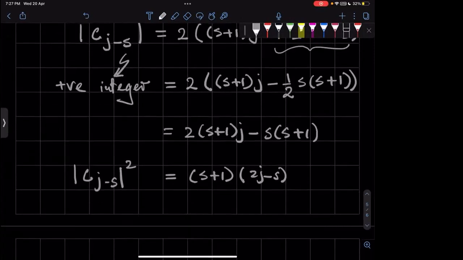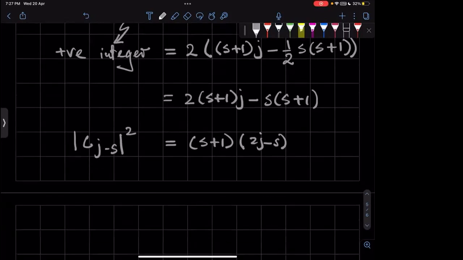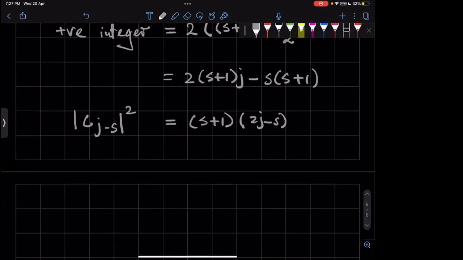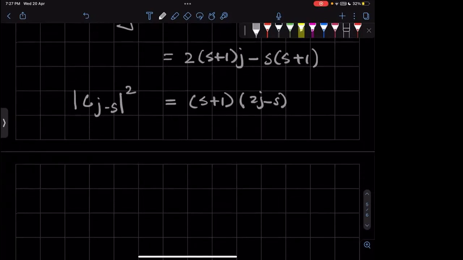Now this process does not allow us to choose a phase for Cj minus S. Okay, so that's a phase that we have to choose. And that phase is related in quantum mechanics to an arbitrary phase you can associate to every state.